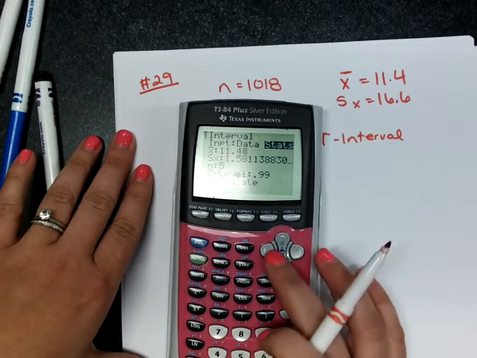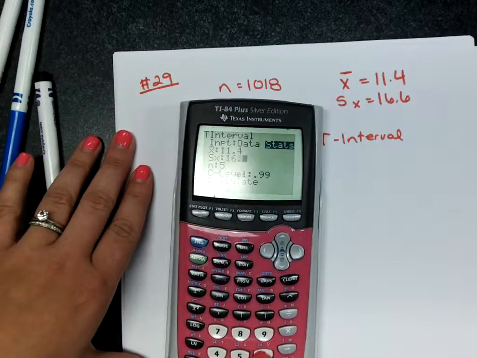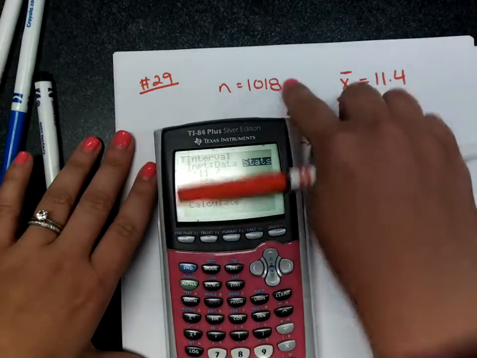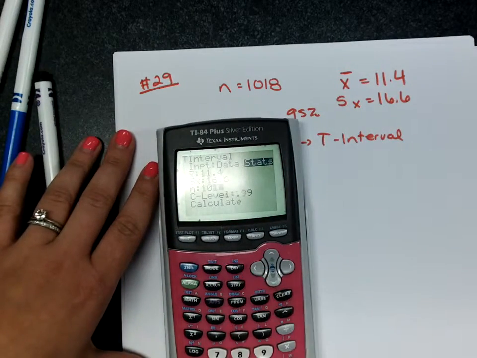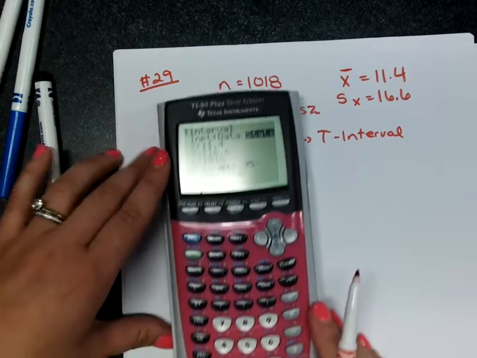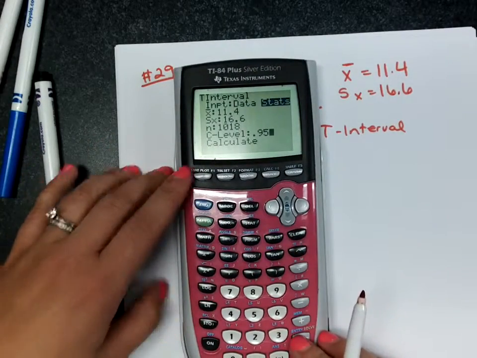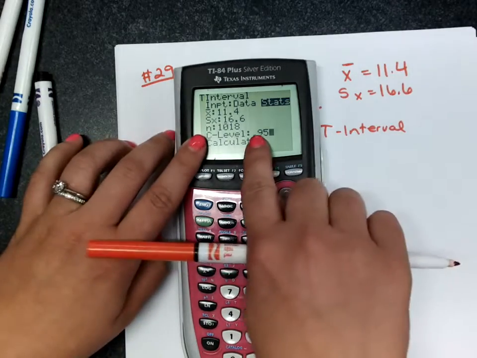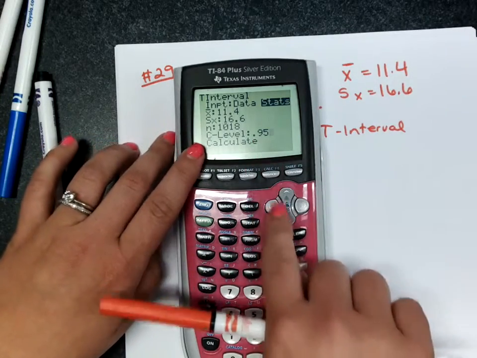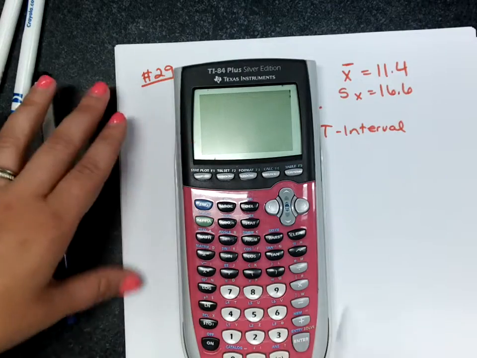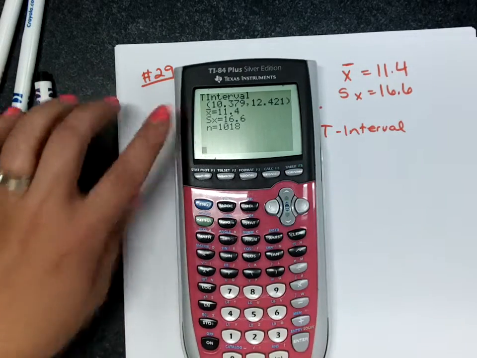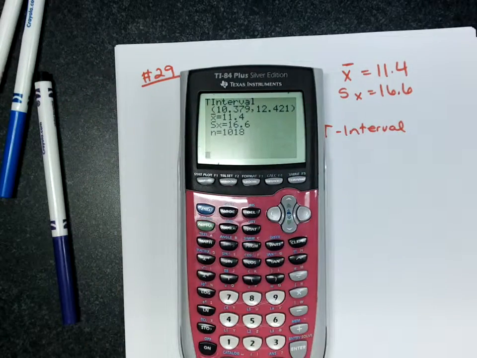So 11.4 was the X bar, standard deviation is 16.6, sample size 1018, and confidence level. So you just put in all the information they ask. Confidence level needs to be as a decimal, and then down to calculate. It always takes it a minute, and then it will give you your interval.